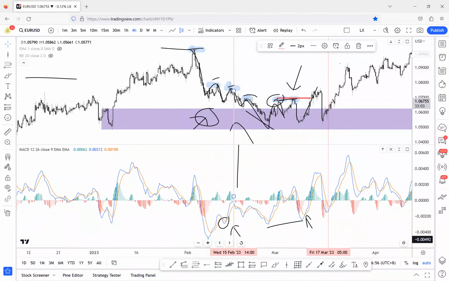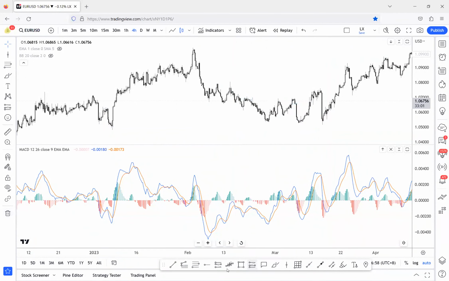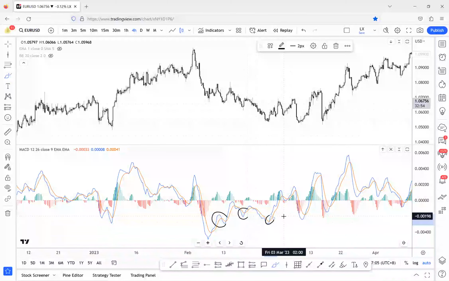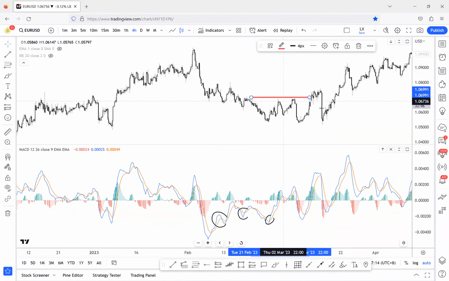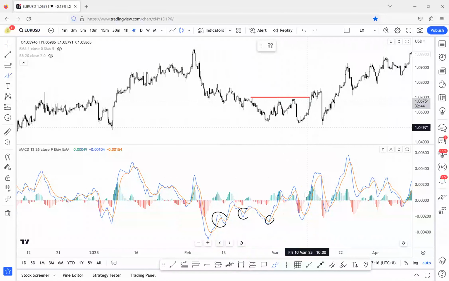So what's important to note is that when we look at these crossovers, these bullish signals that are generated, accompanied with that we want to identify that there is a break of the last high. So for a bullish crossover, we want price to break above the last high, the last structure here, before this crossover becomes valid.